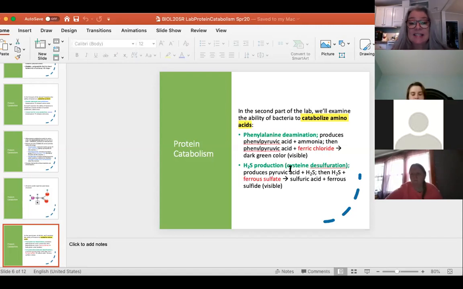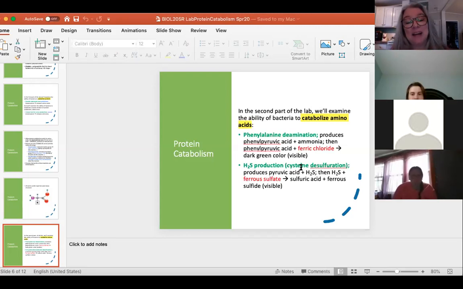The other test is a test for hydrogen sulfide production. And specifically, it's looking for the desulfuration of the amino acid called cysteine. Now, there'll be an acid produced here as well, and that one is called pyruvic acid.